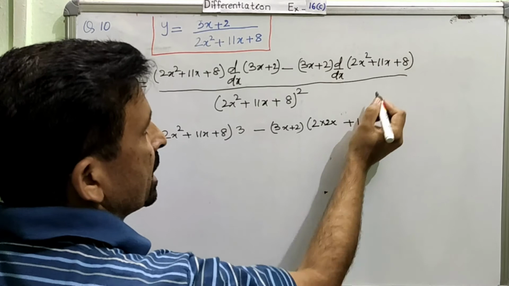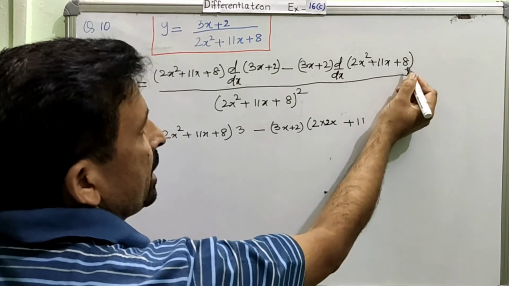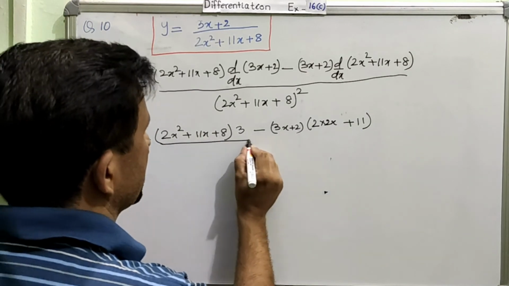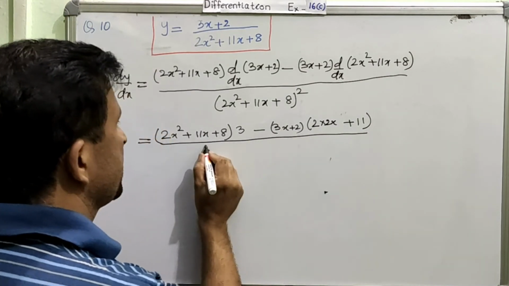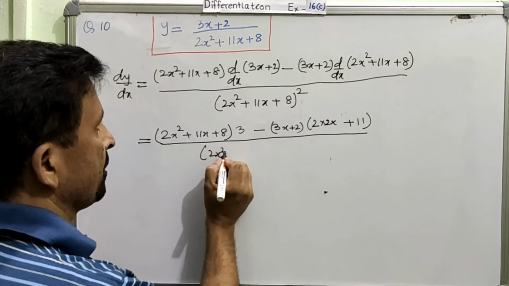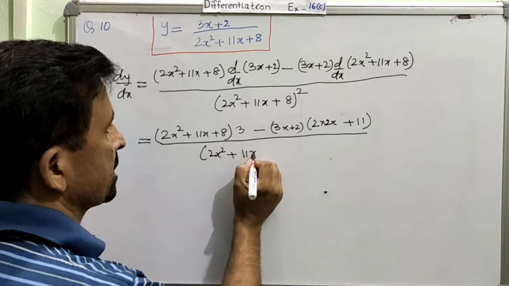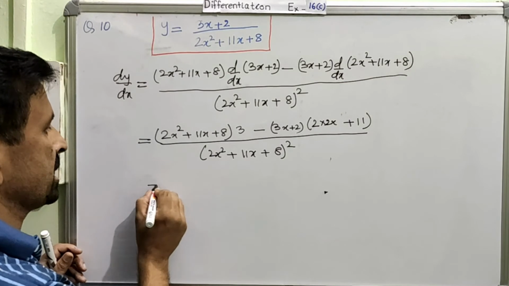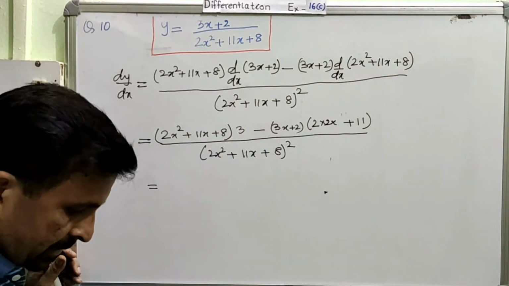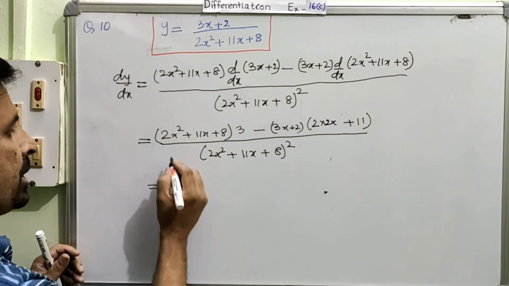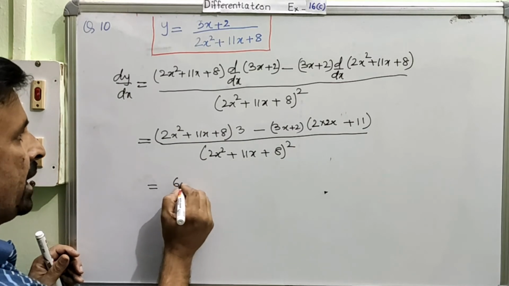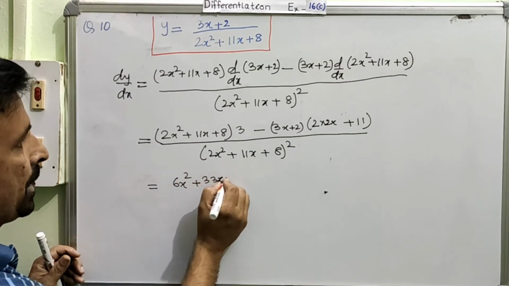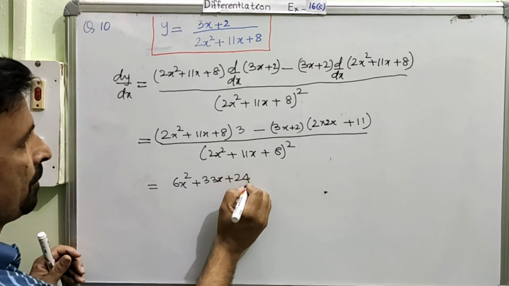And here you will get the derivative of 11x as equal to 11, and the derivative of this part will be equal to 0. Denominator, again as it is repeated, this is 2x square plus 11x plus 8 whole square. Right? After this, now we can operate. 3, so 6x square plus 33x plus 24.